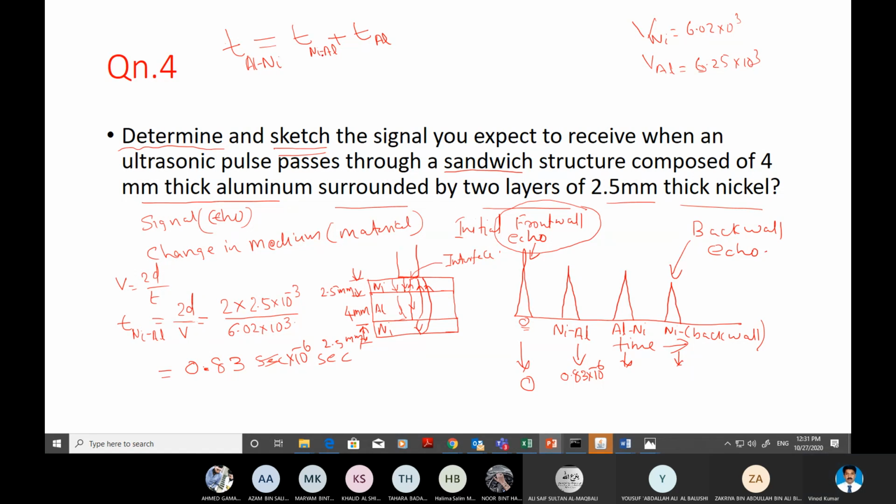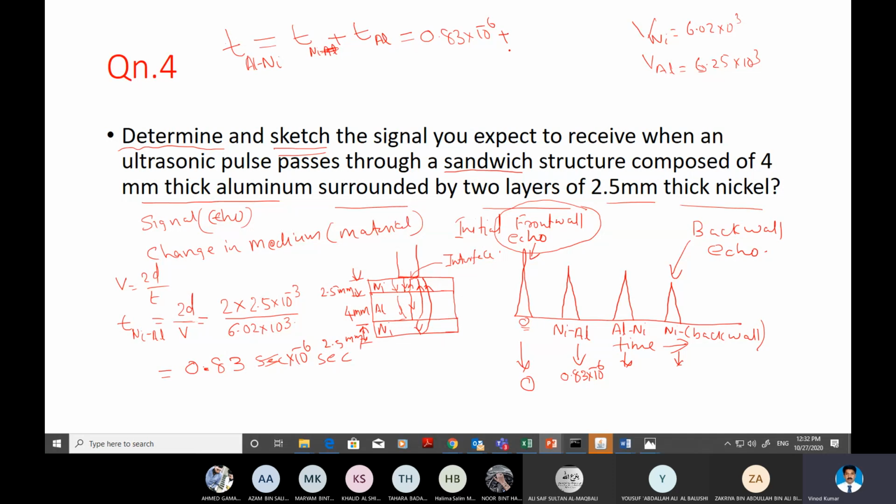Nickel plus aluminium, Doctor. So this is the time required for nickel, which we already calculated. How much? 0.83 multiplied by 10 to the power minus 6. Plus the time required for aluminium.